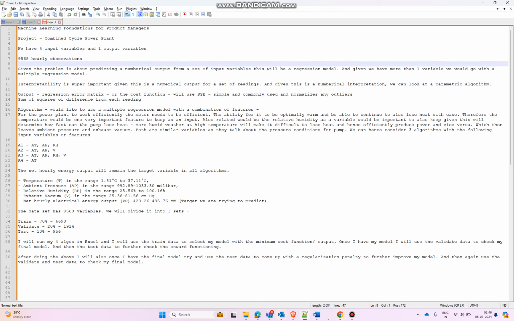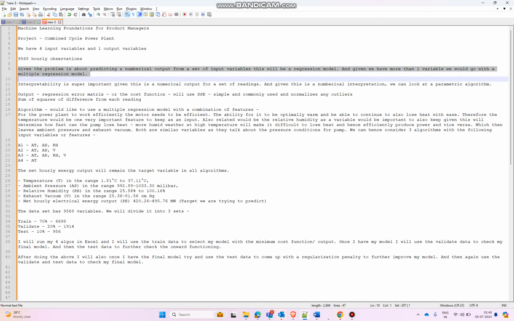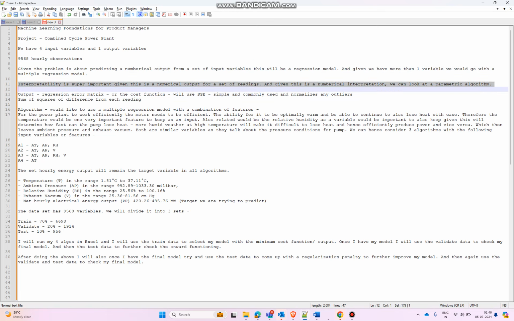Given the problem is about predicting a numerical output from a set of input variables, this will be a good fit for a regression model. And given we have more than one variable, we would like to go in with a multiple regression model. Interpretability is super important given this is a numerical output for a set of readings. And given this is a numerical interpretation, we can look at a parametric algorithm.